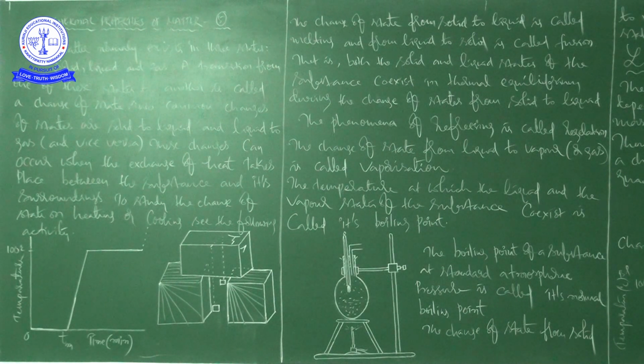Take a round bottom flask more than half filled with water, keep it over a burner and fix a thermometer and steam outlet through the cork of the flask. It is a small activity, already you know that, but I am going to repeat it once again just to discuss the vaporization process.